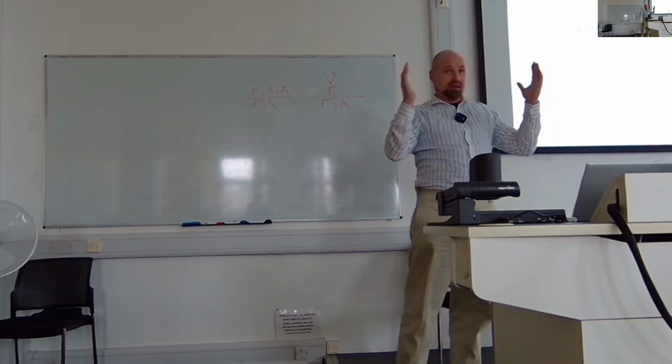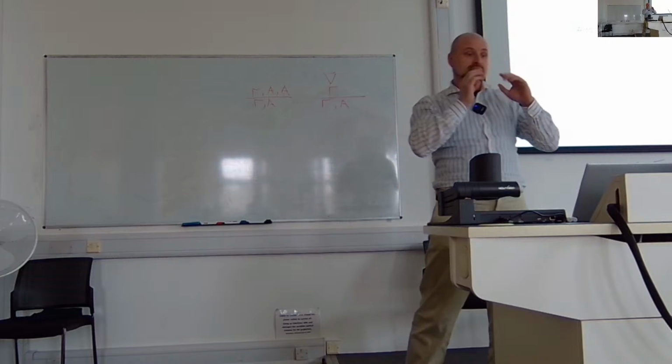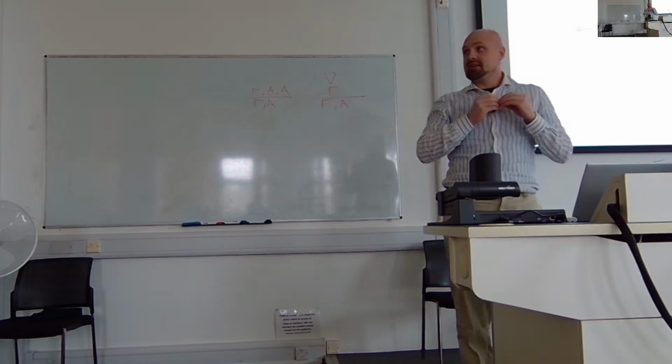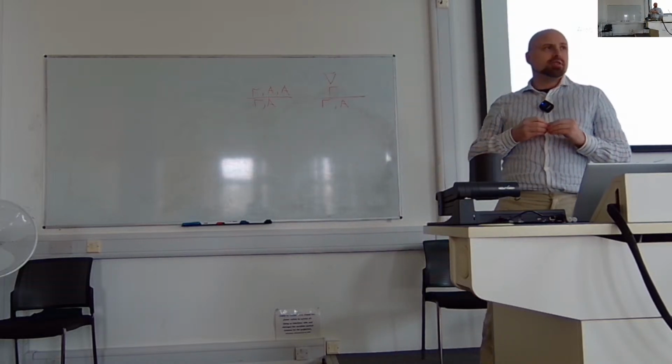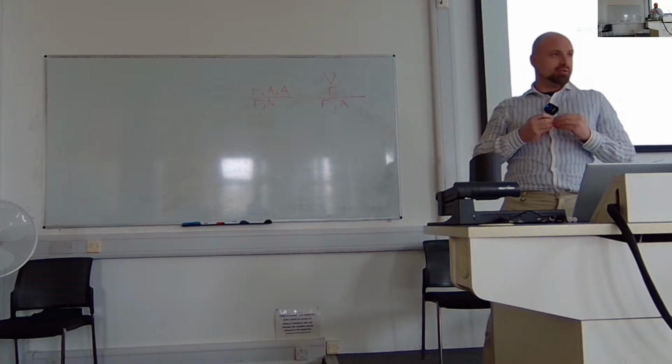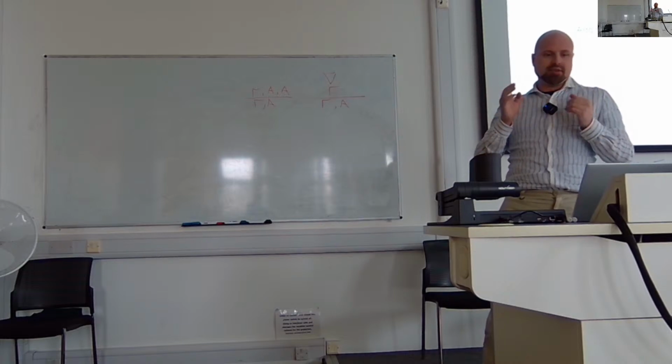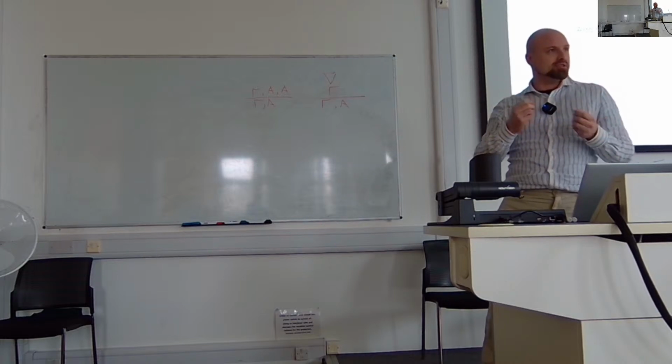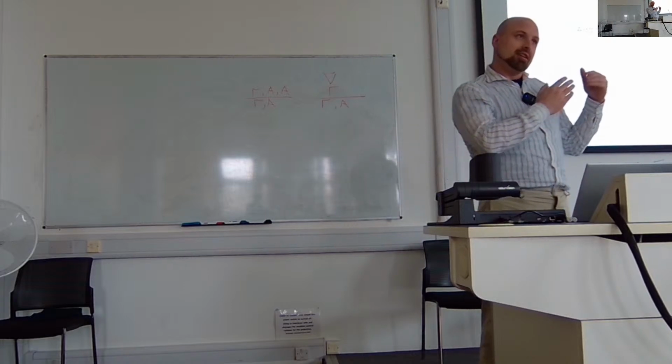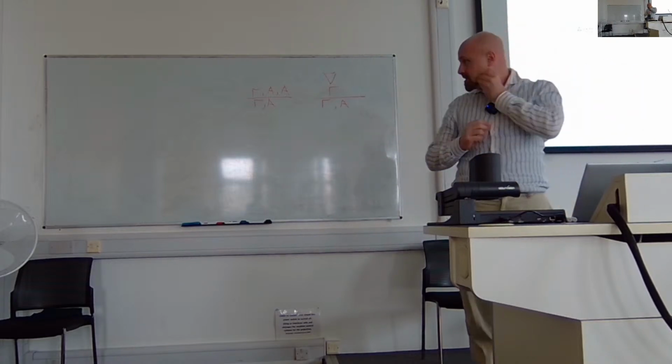What happens is, in fact, when you look at the linear logic setting, you get two different types of conjunction and disjunction emerging, which are the multiplicative and the additive forms.